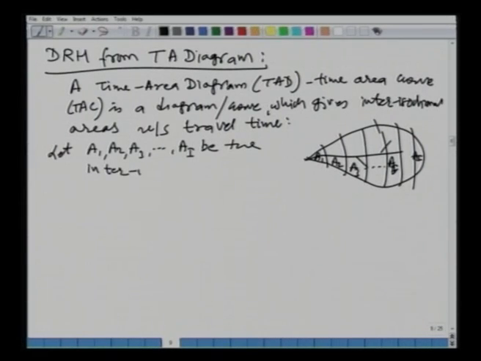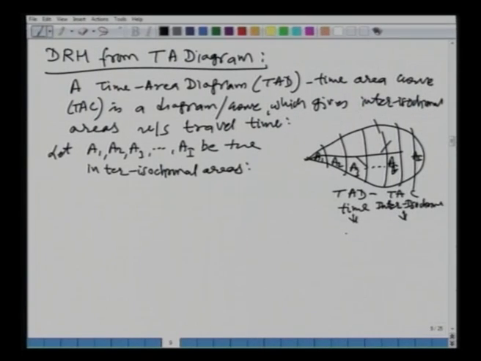inter-isochronal areas. So, let me first do that here. What is a time area diagram or time area curve? It is nothing but your travel time here and inter-isochronal areas here. It can be in square meters or square kilometers or hectares, whatever.